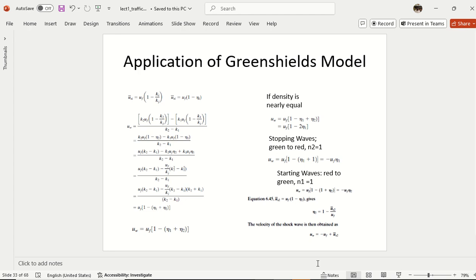Since you replaced U with the Greenshields equation, the velocity of shock wave equals this according to the Greenshields model. So it's not a general equation. The general equation was the last one we solved in the last example. This equation is according to the Greenshields model because you changed the Q value using the Greenshields equation. Got it? Clear?